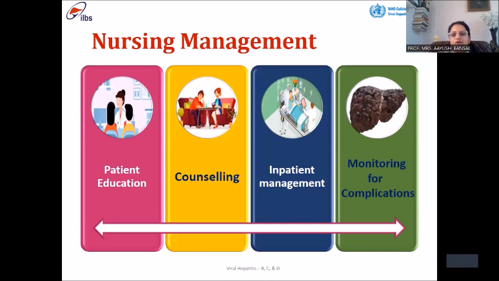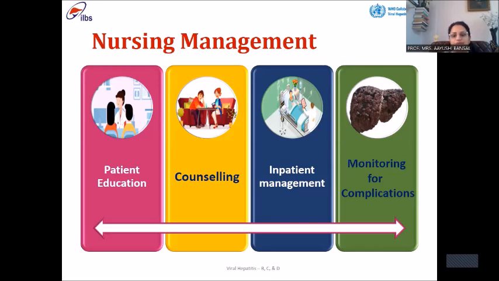We have to see how different psychological impacts or issues are bothering him. There are so many stigmas related to the disease, and we have to overcome them with our counseling and education techniques, changing the perception of the patient and the perception of family members and community towards the patient.